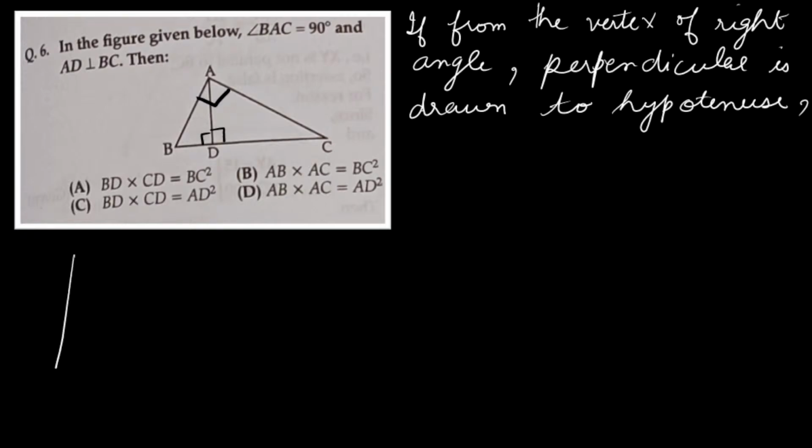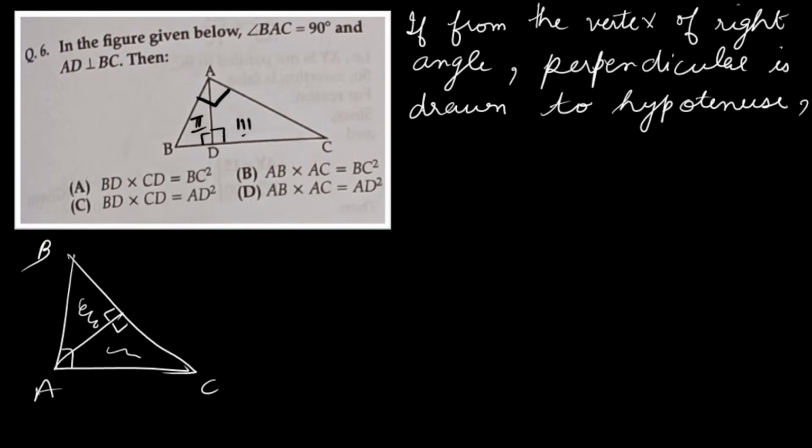I'll just redraw this triangle like this. So this is BAC, here A is the right angle. If from the vertex of the right angle you are drawing a perpendicular to the hypotenuse, then you see three triangles will be formed. The first triangle is ABC, which is the main, bigger triangle, then this is the second triangle, and this is the third triangle.